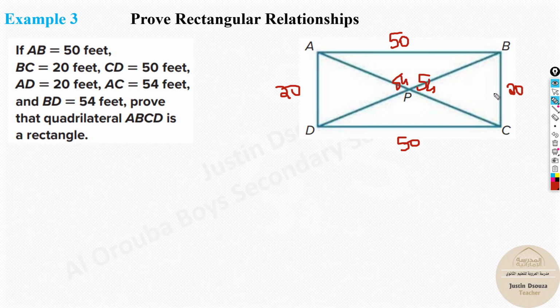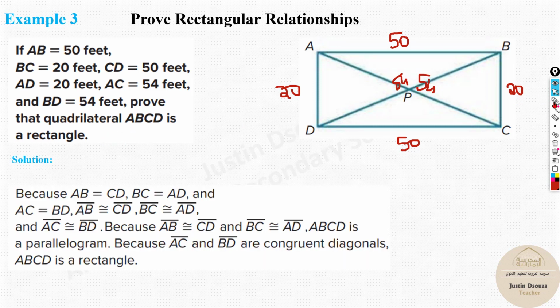Looking at this, you need to know it is a rectangle, but we need to prove it. There are other ways to prove as well, but I'll go through what they are saying. AB and CD are congruent, and BC and AD are also congruent, and also the diagonals are congruent.